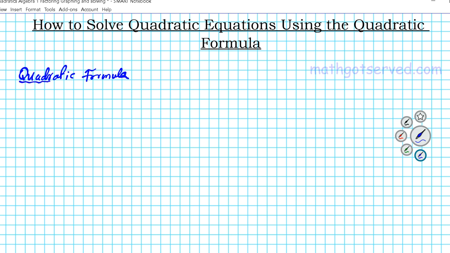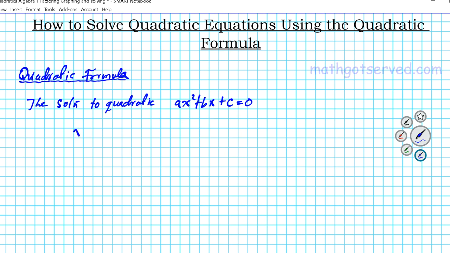So the quadratic formula basically helps you find the solution to a quadratic equation. So the solution to the quadratic ax squared plus bx plus c equals 0. Notice it's in standard form, okay?